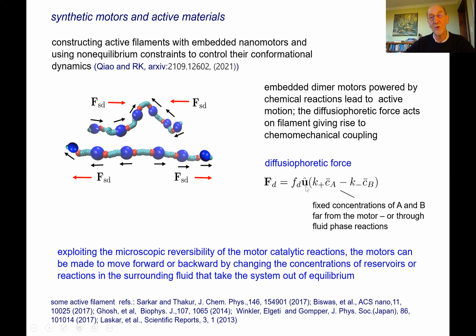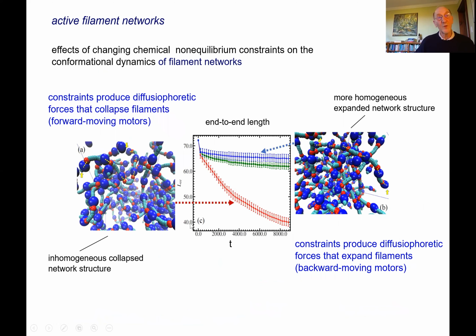So just by controlling the reservoir concentrations, I can induce a mechanochemical coupling in the filaments that causes them to change their conformations. So this can be used to design filament networks now.